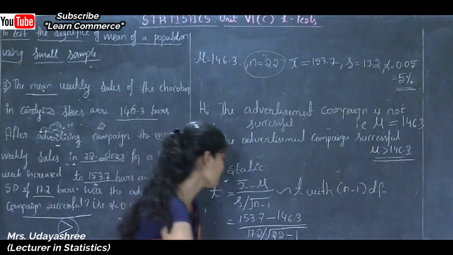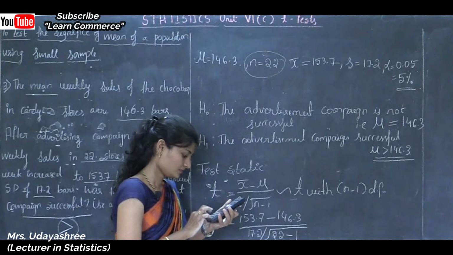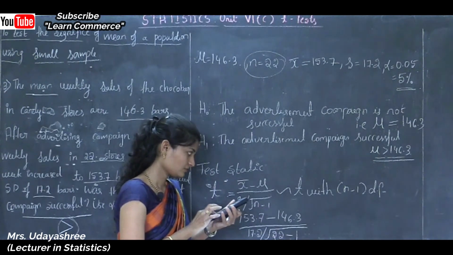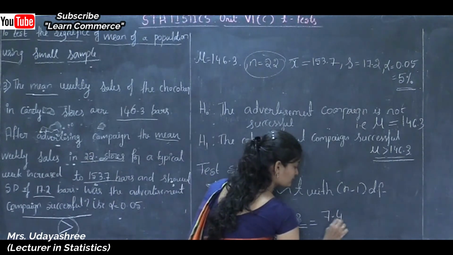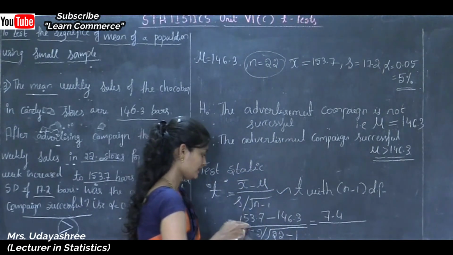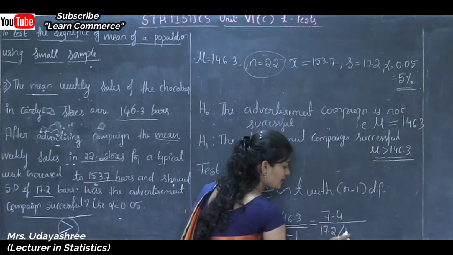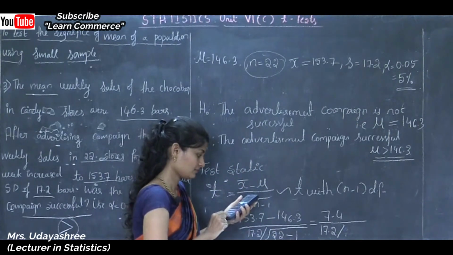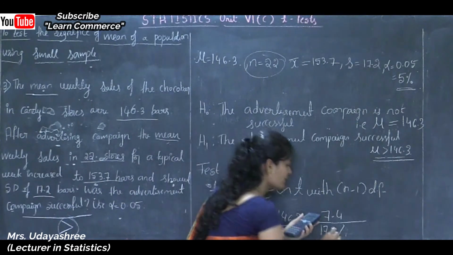Now 153.7 minus 146.3 is 7.4, divided by 17.2 divided by square root of 22 minus 1, that is 21. The square root of 21 is 4.582.